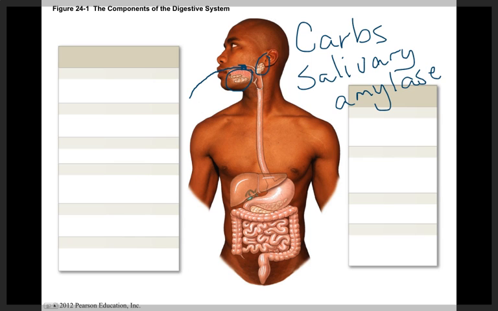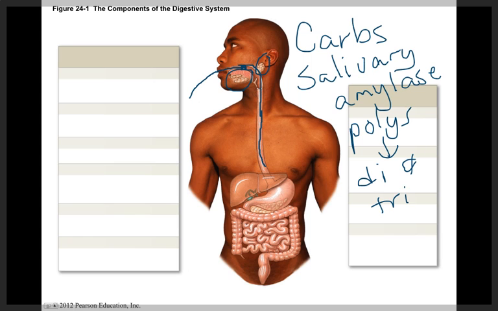Salivary amylase is going to start to break those polysaccharides into di and trisaccharides. Okay, so we're going to break them down a little bit smaller. And then we swallow, and as we swallow, the polysaccharides, because there are some that haven't been broken down yet, and the di and trisaccharides enter into the esophagus.